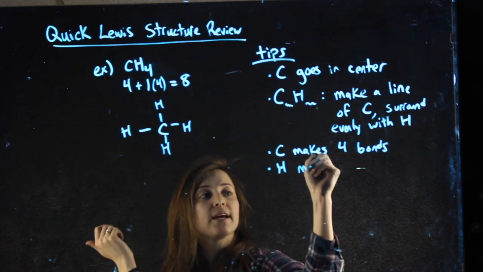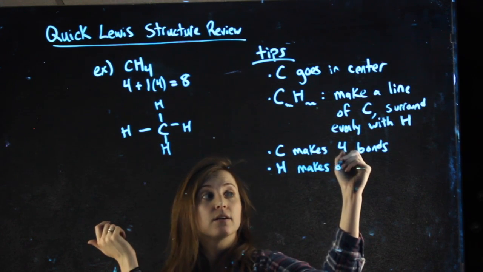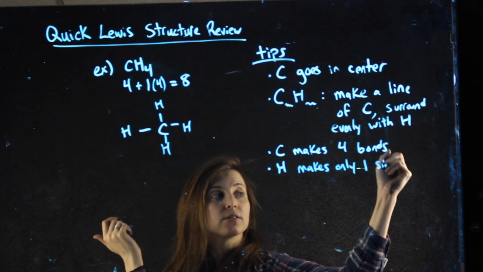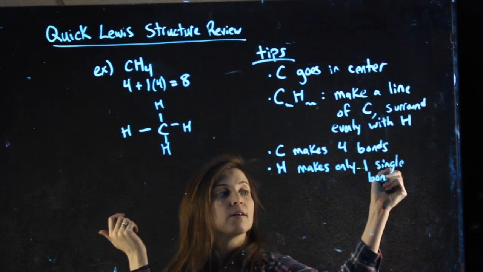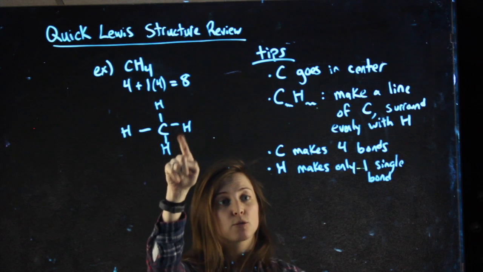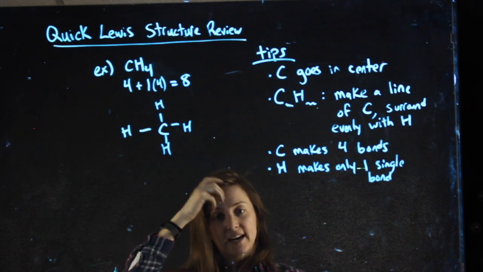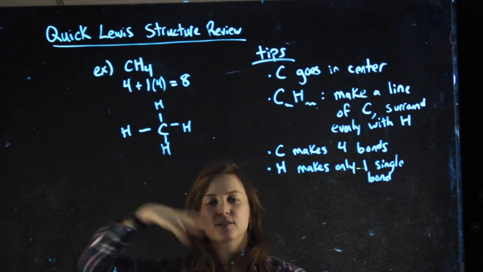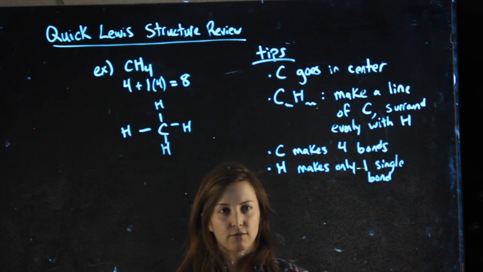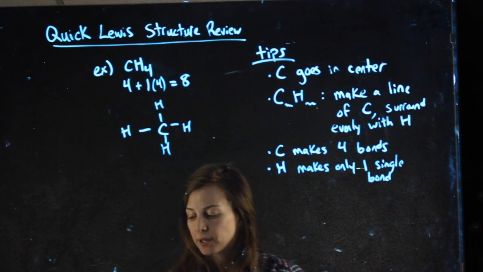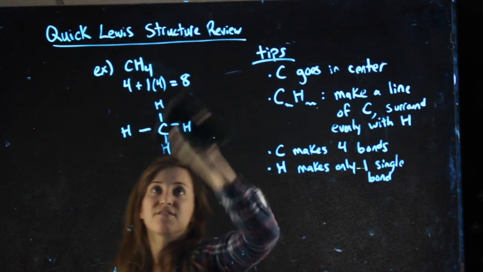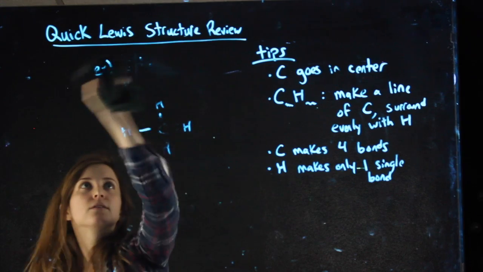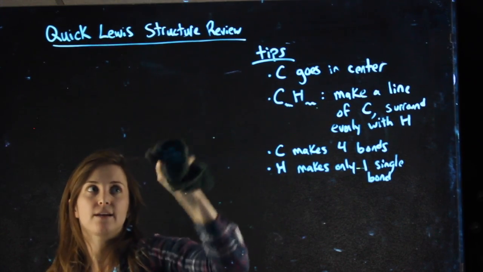Similarly, hydrogen makes only 1 single bond. It's happy with only 2 electrons, so make sure anytime you draw a hydrogen, there's only 1 line going to it. You never have to rethink. These tips kind of speed up the whole process when you're checking for the ones we're doing. Showing you a couple, and then I'll ask you to pause the video and try a couple, unpause the video and see if you're right.